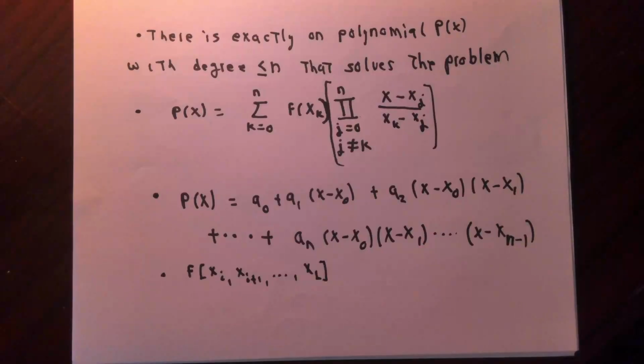I'm going to invent a new notation. These numbers are called the Newton divided differences. I'm going to have the name of my function, a square bracket, and then a number of x values from my data set whose indexes are contiguous.